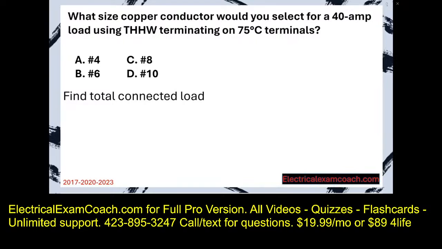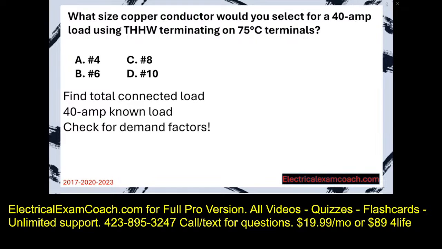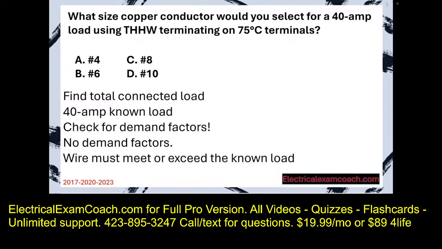Step 1, find the total connected load. In this case, we know the load, it's 40 amps, but we must check for demand factors. It doesn't mention a specific type of equipment or that it's going to be a continuous load, so in this case, there are no demand factors. And we always have to remember that all wire must meet or exceed the known load. So we have to find a wire that meets or exceeds 40 amps.